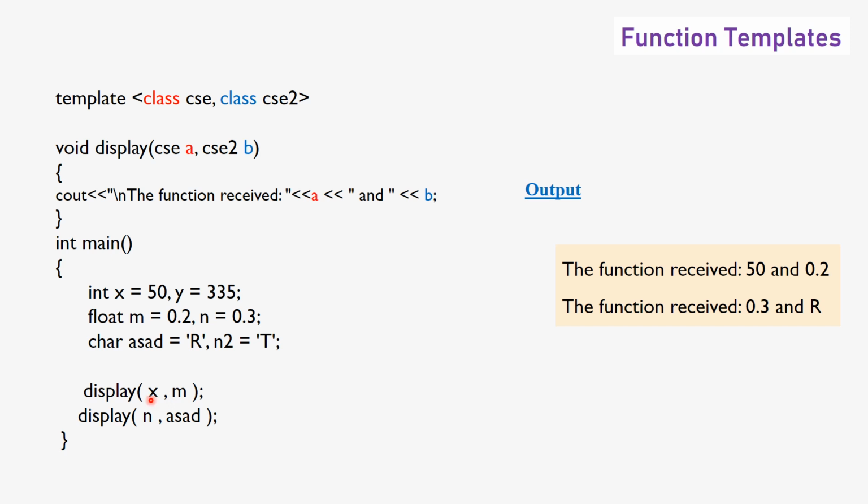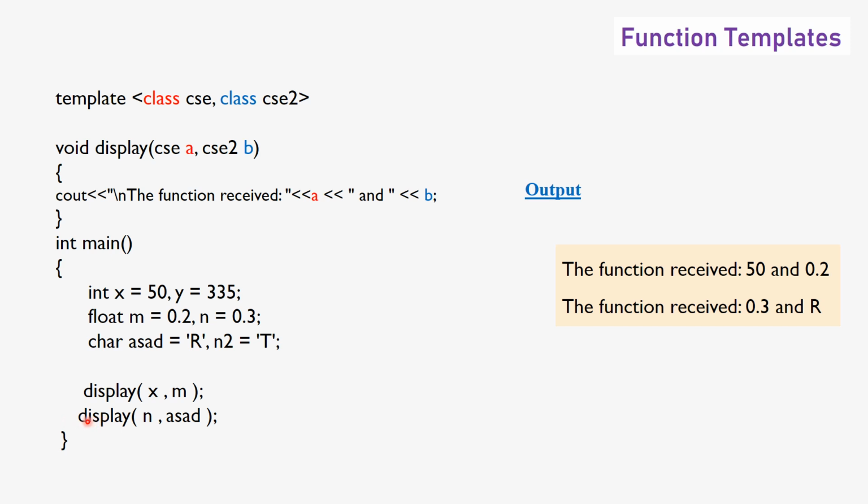That means CSC becomes integer and CSC2 becomes float.